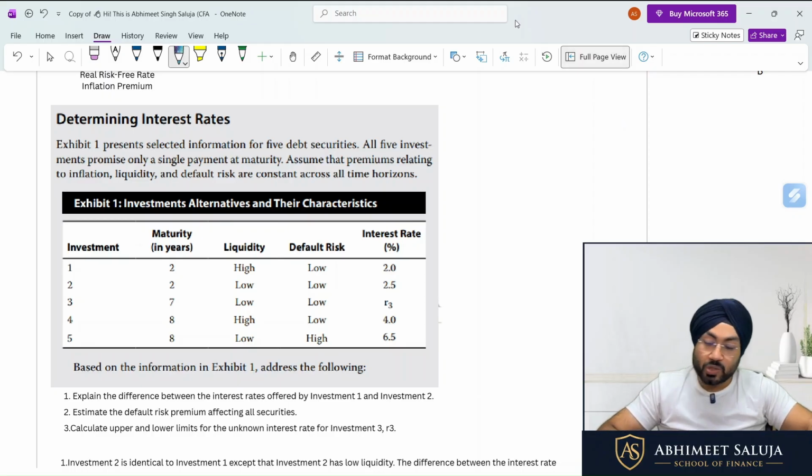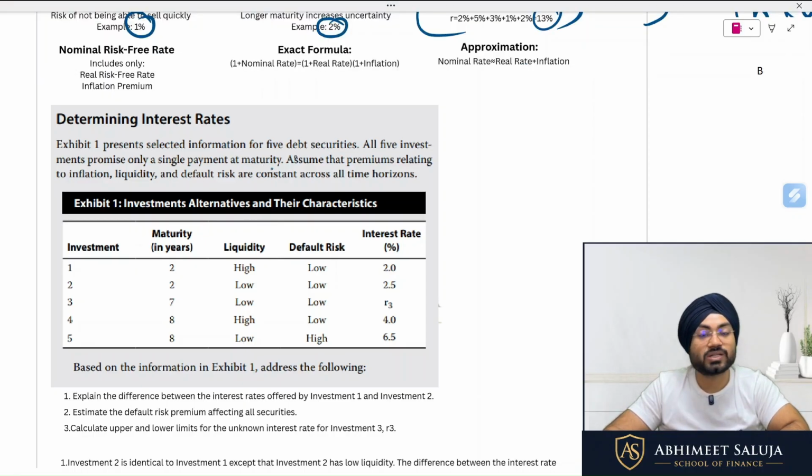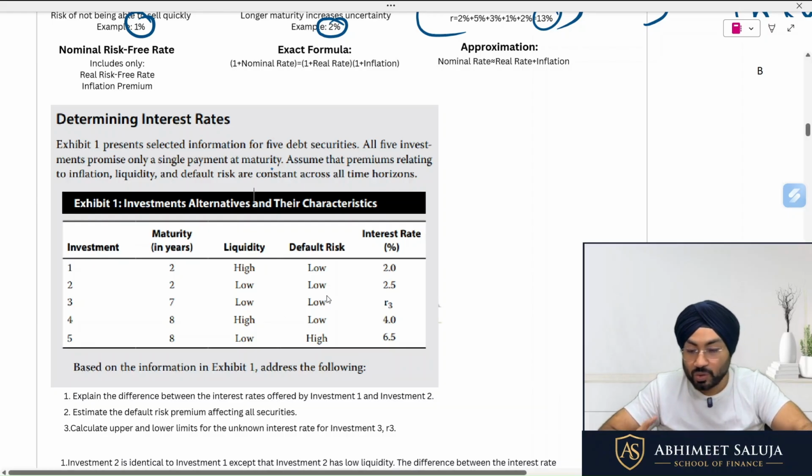This table gives you information about five debt securities. Five bonds. All five investments promise only a single payment at maturity. No interest payments during the course. You will only get the final amount. Assume that premiums relating to inflation, liquidity, and default risk are constant across all time horizons. So premiums are constant.